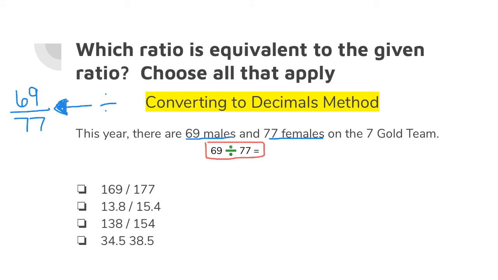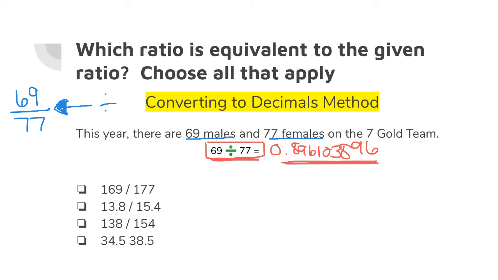You would take 69 divided by 77 on a calculator. Any calculator will do. Ooh, you're going to get a crazy decimal. It's going to look like this: 0.896103896. Ooh, I didn't write that very carefully, but we get the idea. So this ratio and this decimal are the same.